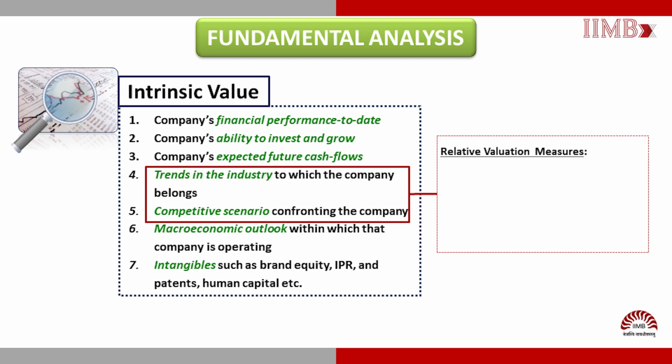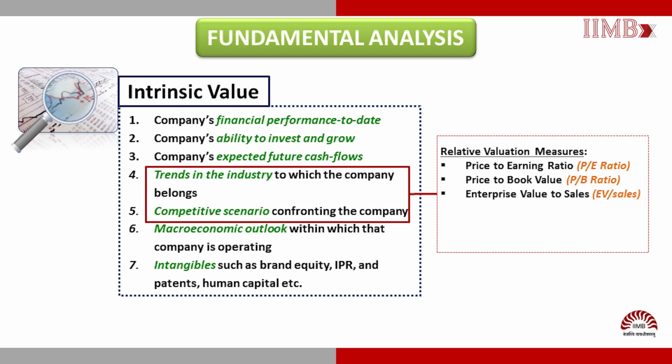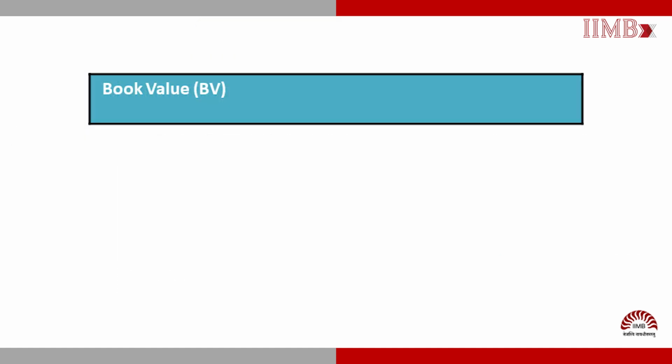These relative valuation measures include price to earnings or P/E ratio, price to book value or P/B ratio, enterprise value to sales, EV upon sales, enterprise value to earnings before interest, tax, depreciation and amortization, or EV upon EBITDA for short, etc. For those of you not familiar with the terminology, book value, BV, is in effect the net worth of the company.